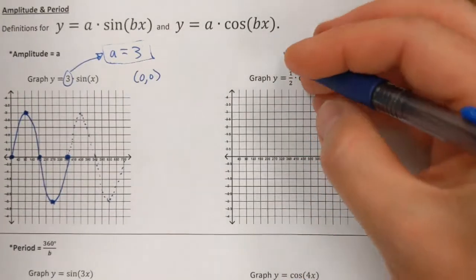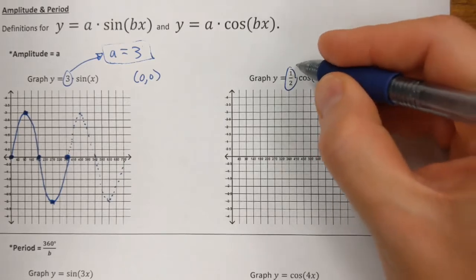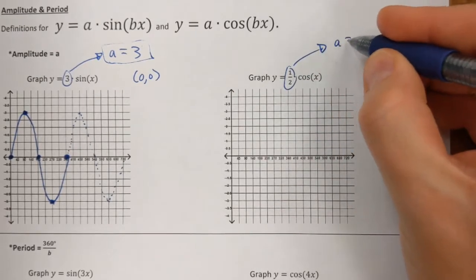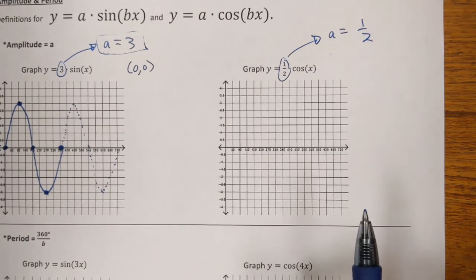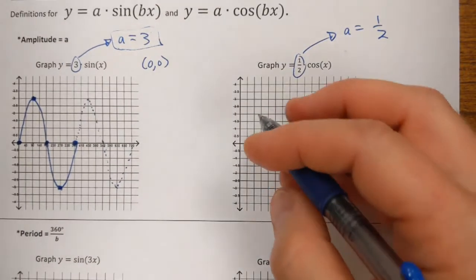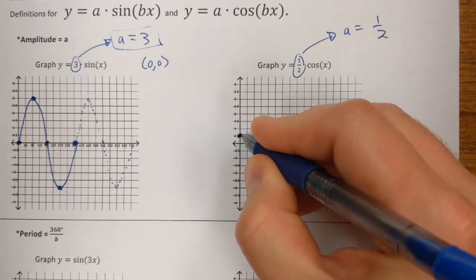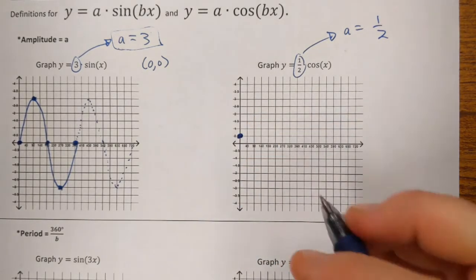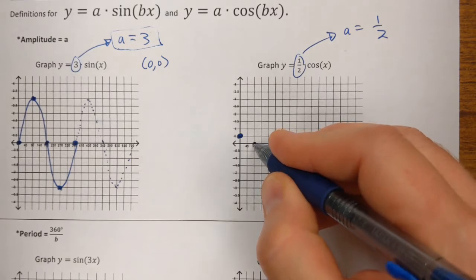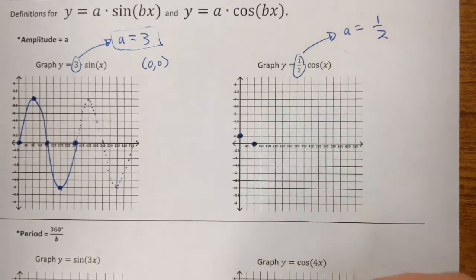Okay, now you can also, as in this case, have a smaller amplitude. You can shrink the amplitude of a graph. Here we would say A is equal to 1/2. Now cosine always starts at its extreme high. So here, the highest this graph is going to go is only 1/2. Okay, 90 degrees later, it would come back to the x-axis.